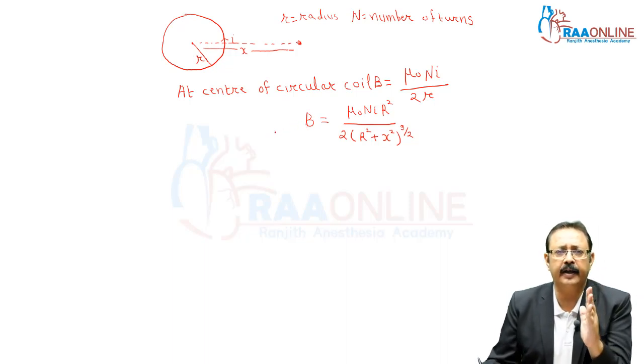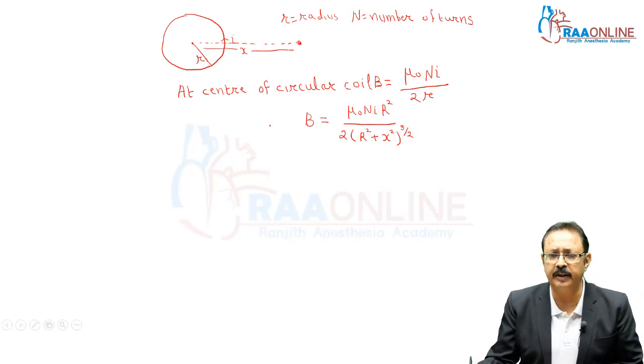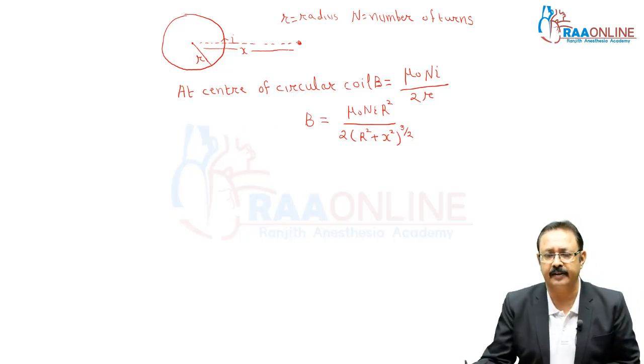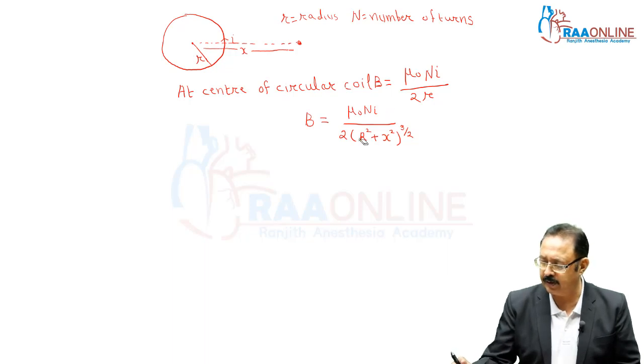You will definitely get either numerical or direct formula. How to learn? It is difficult for you to learn this formula, but if you can learn this, you can compare whether it is wrong or right. See, if I am putting x 0, I am taking radius small r, so I will put r square.